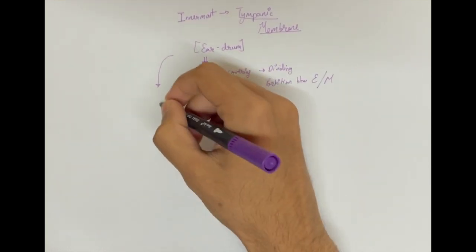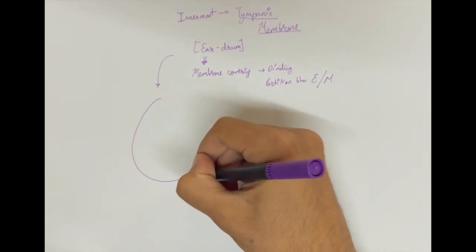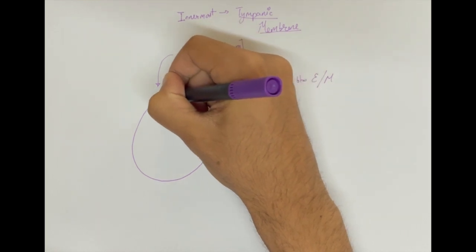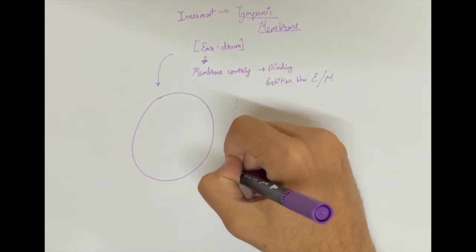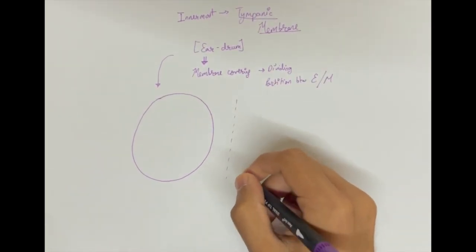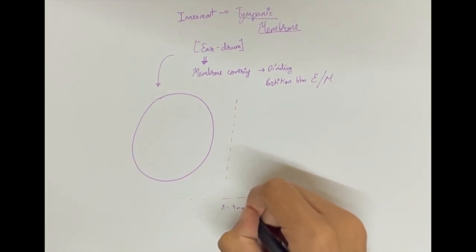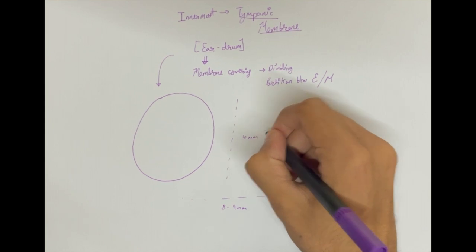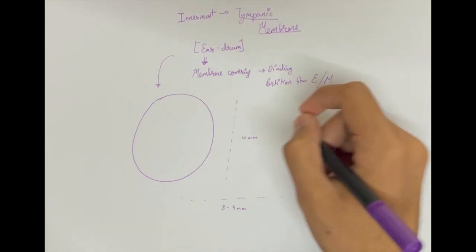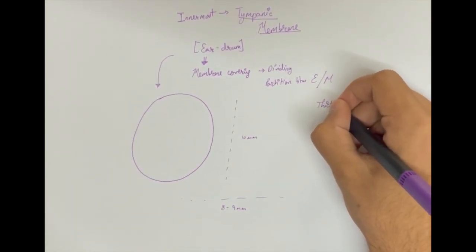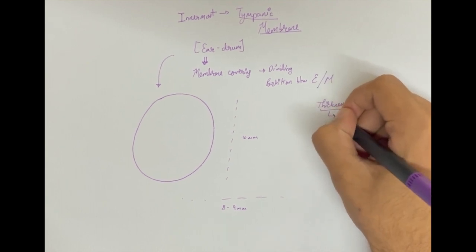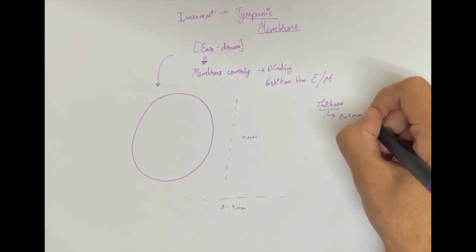Talking about dimensions, it is round to oval in shape. It is about 9 to 10 mm in length, 8 to 9 mm in width. The thickness is about 0.1 mm.